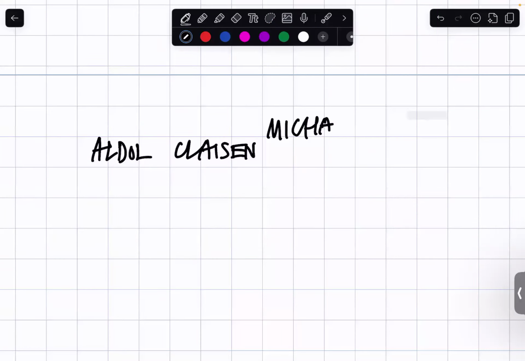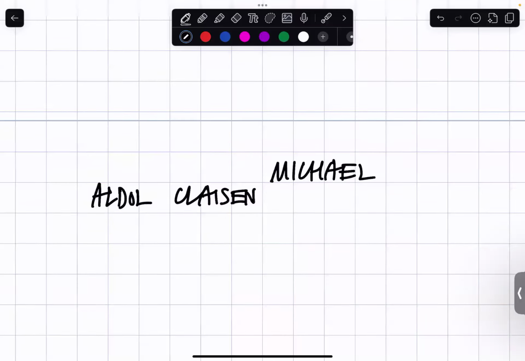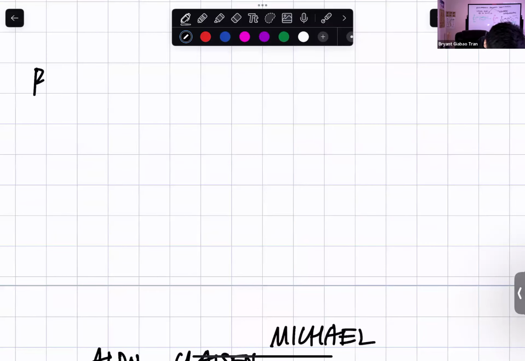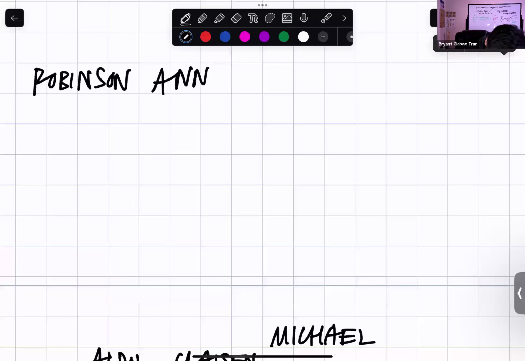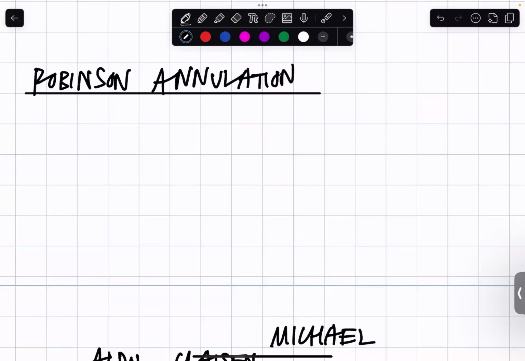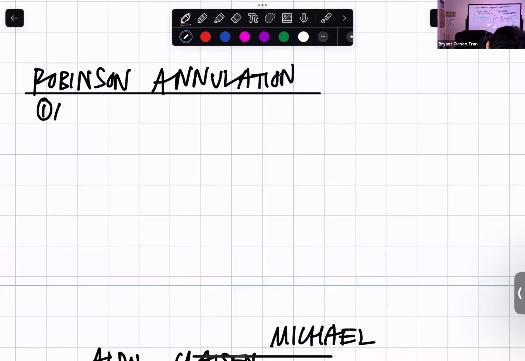Isn't Michael addition and Robinson annulation together, or no? Yeah, so Robinson annulation has two steps to it. Michael addition is the first step of Robinson annulation. The second step is intramolecular aldol condensation.